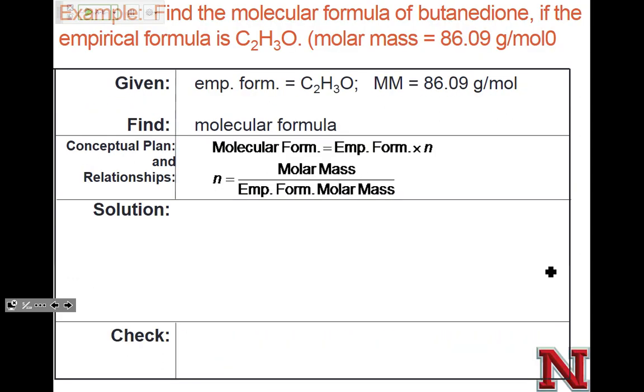The first thing we need to do is calculate the mass of our empirical formula. So our empirical formula is C2, we have H3, so 3 times 1.008 from the periodic table, and then O, so of course that's 16.